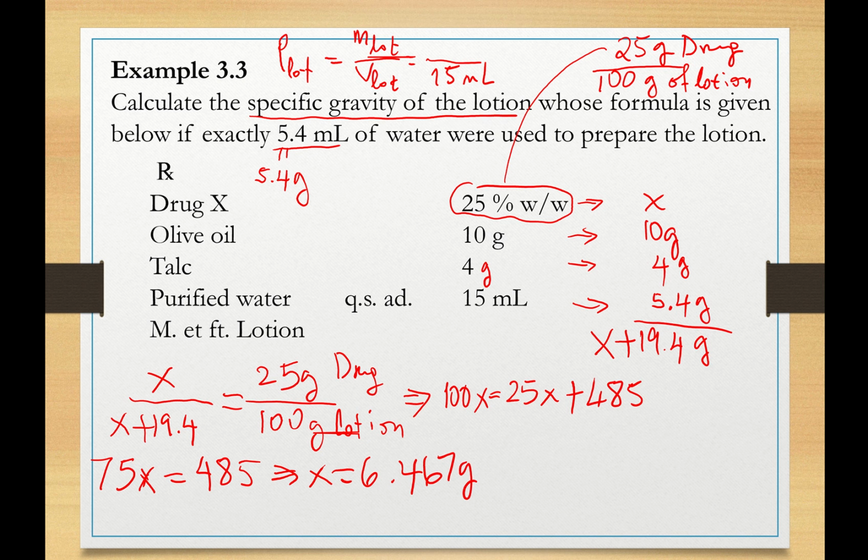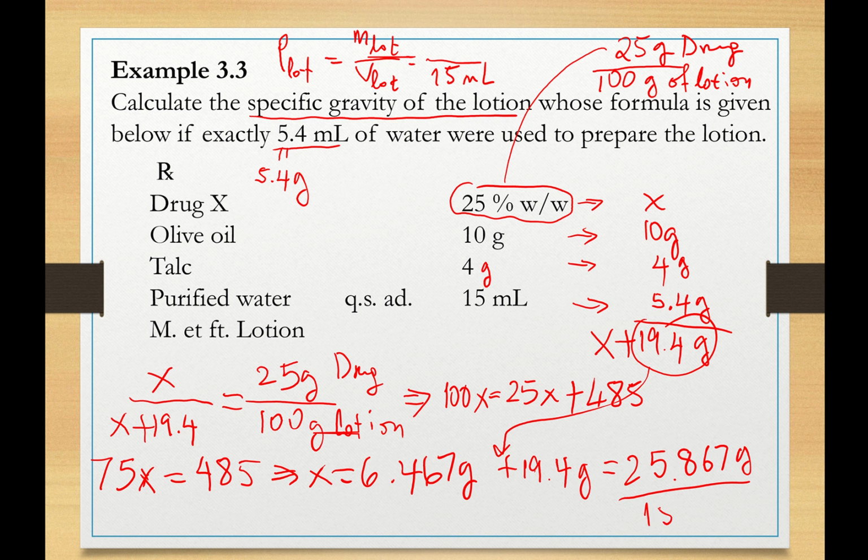So that would be 6.467 grams. I'm going to add to that the 19.4 grams, now that I have the drug. So that would give me 25.867 grams, and divide by the whole volume of the lotion.